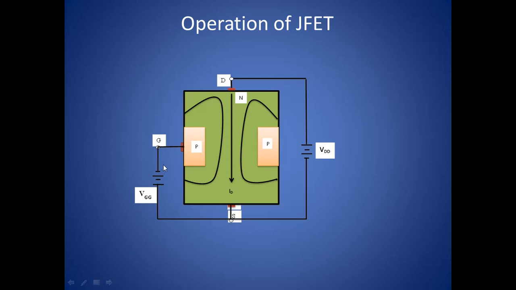The negative gate voltage or positive drain voltage with respect to source reverse bias the gate source junction of the N-channel JFET. The effect of reverse bias voltage is to form a depletion region. These two are the depletion region formed around the P-type semiconducting material.